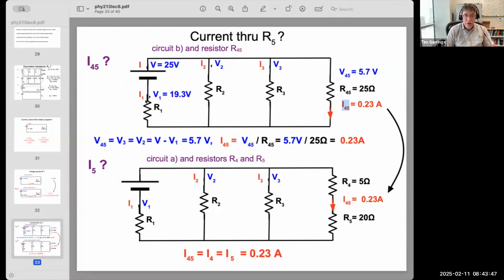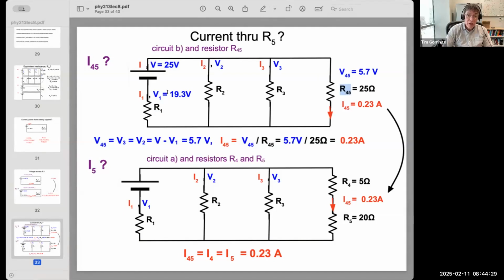As you walk around the outer loop of the circuit, you realize that outer loop is just a loop containing a battery and two series resistors. One of them's R45, where we want to know the voltage across it. The other one's R1, where we already know the voltage across it. And so the basic idea for finding the voltage across R45 is that 25 volts from the battery is being shared by the resistor R1 and the resistor R45, because they're in series with one another.